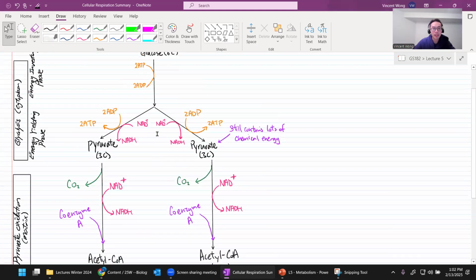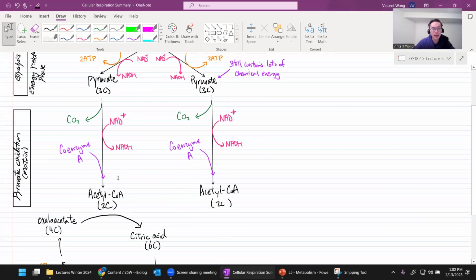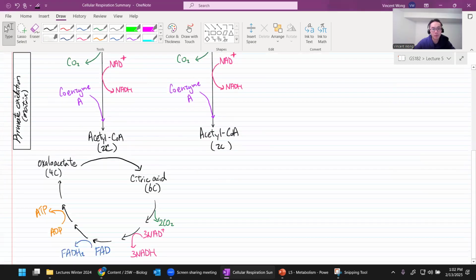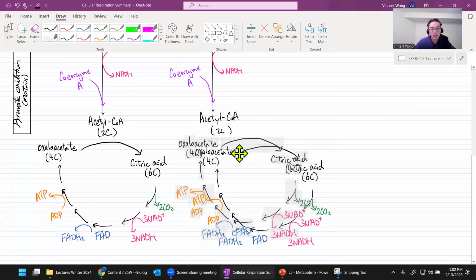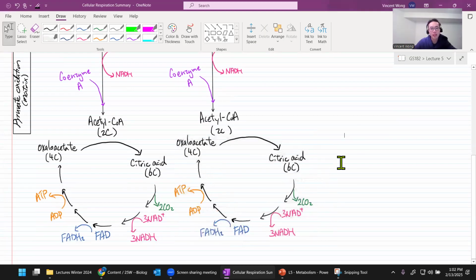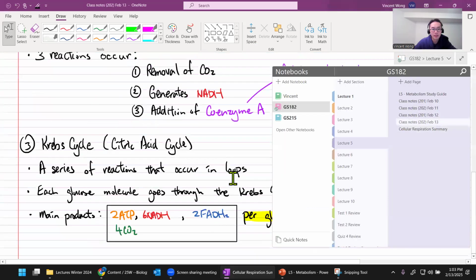But remember, each glucose becomes two pyruvate, and each pyruvate will create one acetyl-CoA. And then each acetyl-CoA will be doing the same reaction here. Right, there you go. So that's why per glucose, we will have four carbon dioxide, six NADH, two FADH2, and two ATP, right? Which is written right here.